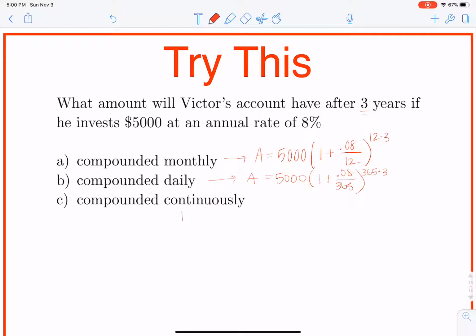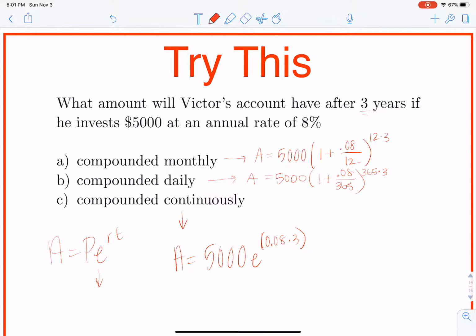And compounded continuously, I have A is equal to, we call it the PERT formula. So A is equal to 5,000 E, and remember E is a number, and there's actually an E button on your calculator, raised to my rate, which is not 80%, that would be quite the interest rate, 0.08 times my time, which is for 3 years.